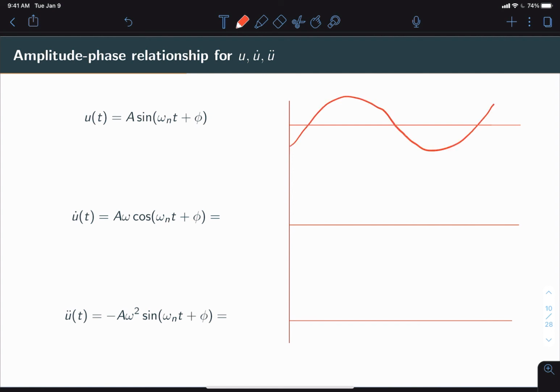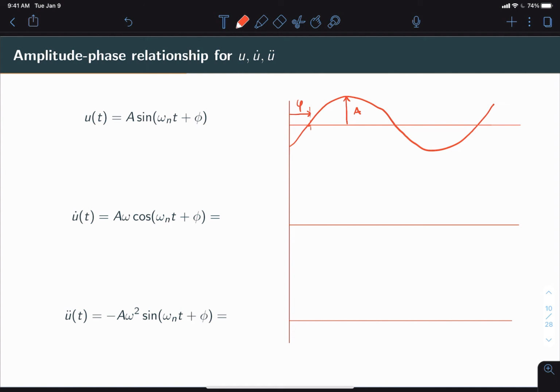This is going to have an amplitude A and a phase shift phi. Notice I measure my phase shift up to the point where the curve crosses 0 in a positive direction, right? Because that's where technically a pure sine wave would start.